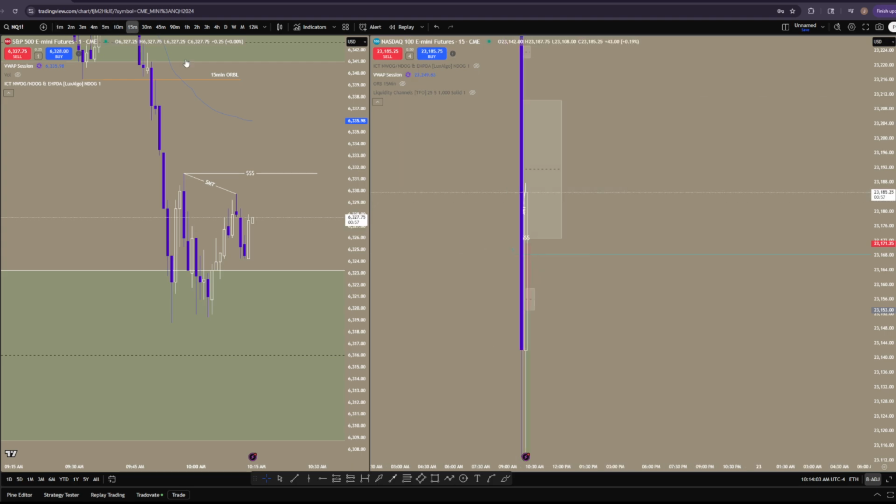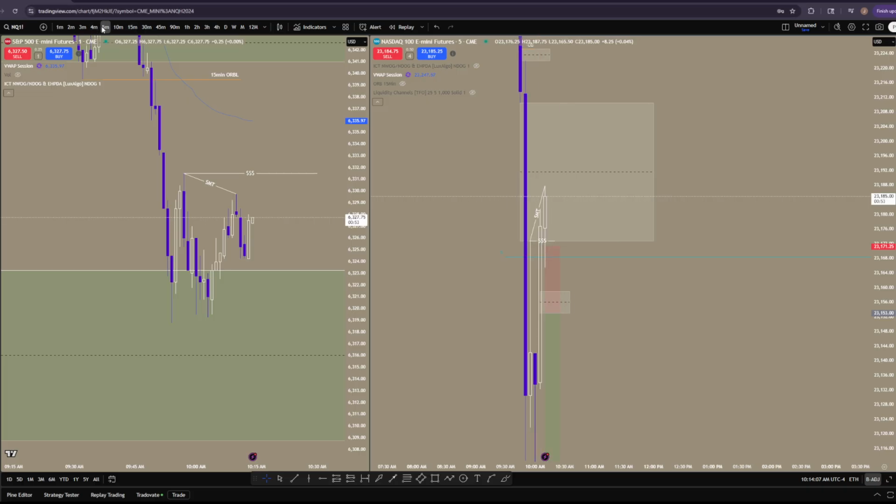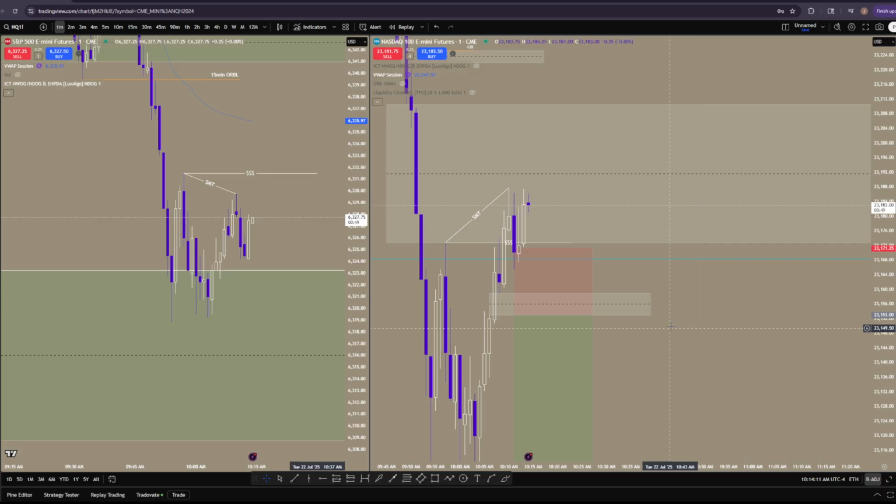So as I said before, I won't even think about longing this unless we get some kind of 5-minute inversion or something here. Now the orders are resting at 23,200. So they just keep raising those orders higher and higher.